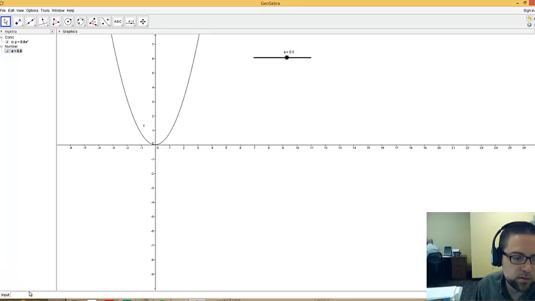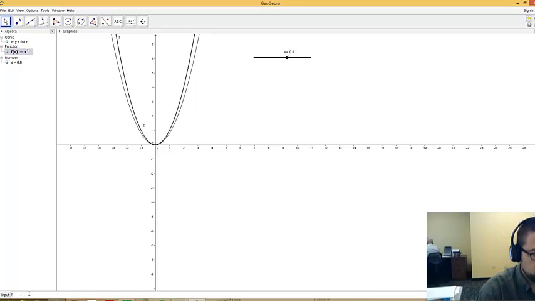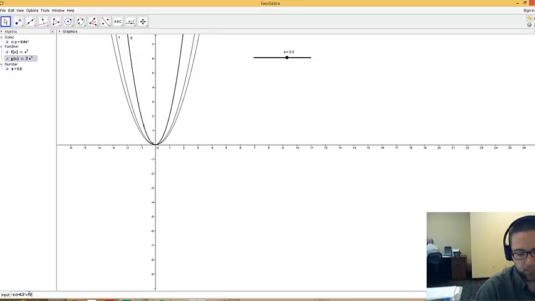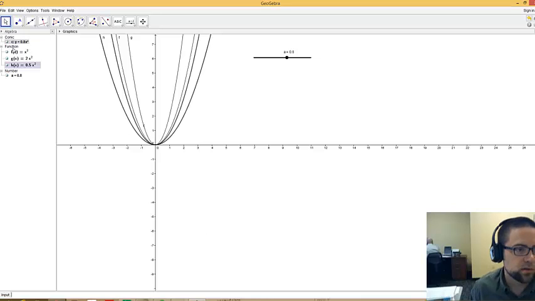You could also do them in different colors. I could use function notation: f of x equals x squared, g of x equals 2 times x squared, and h of x equals 0.5 times x squared. Then you can change the colors.